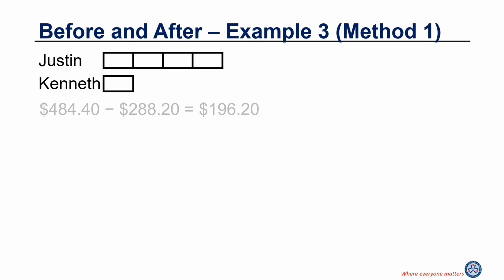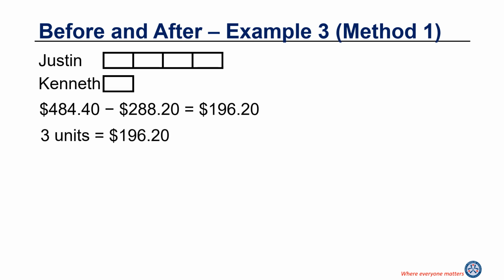That is $196.20. If 3 units represent $196.20, 1 unit would represent $196.20 divided by 3, which is $65.40.